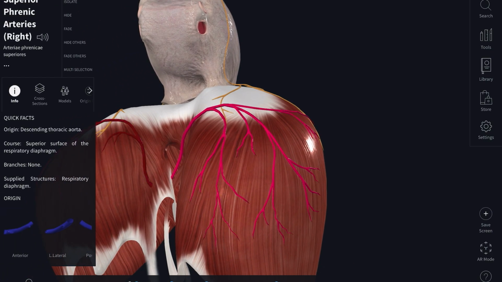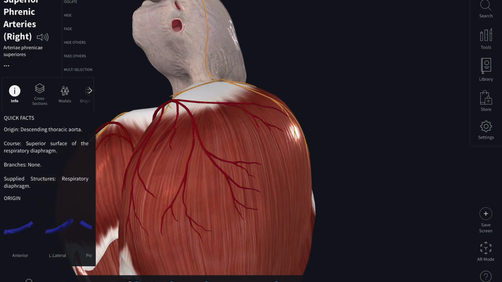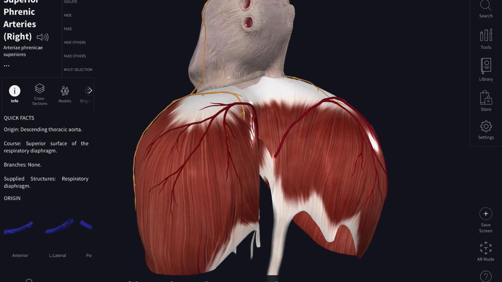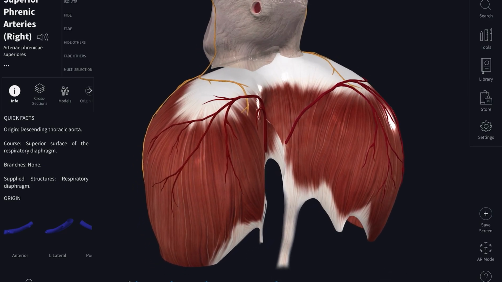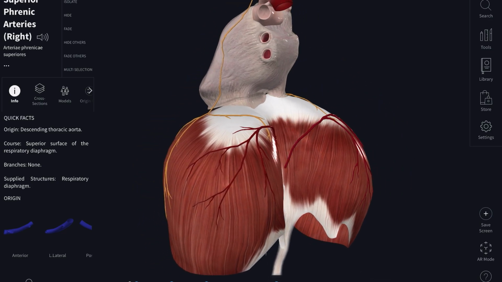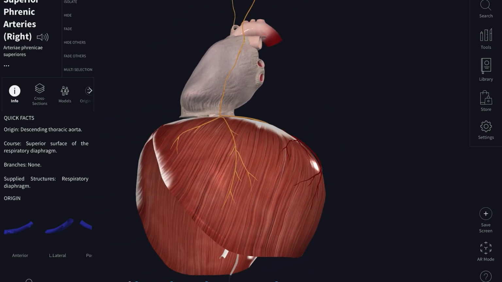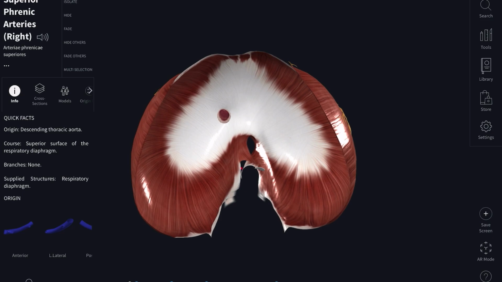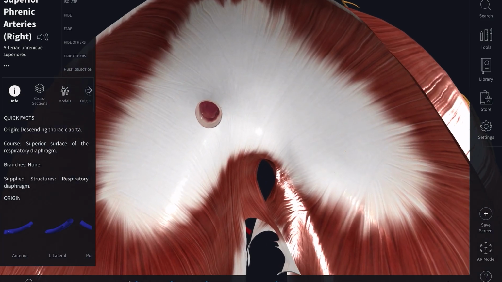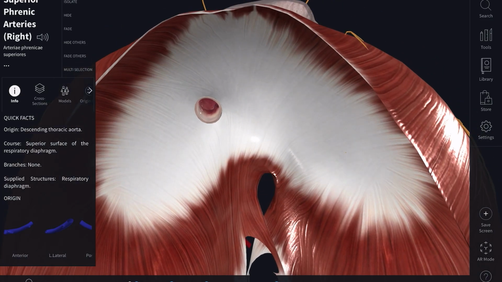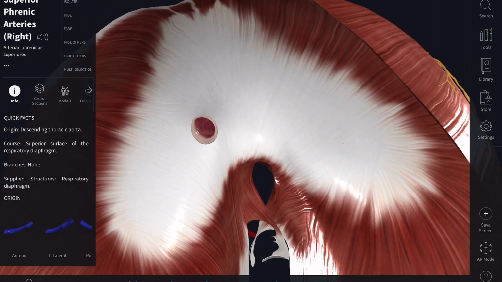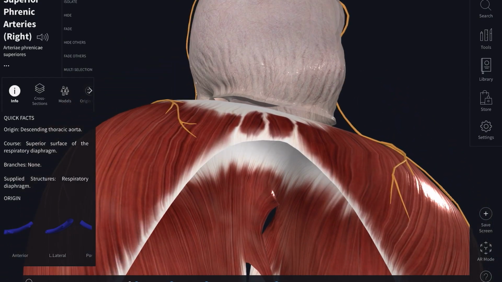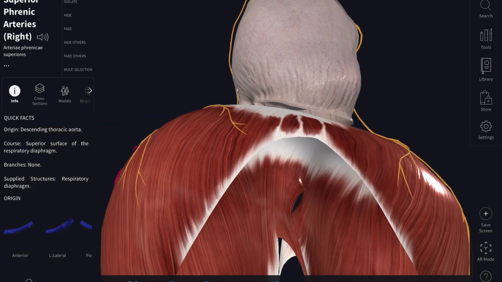These arteries supply blood to the diaphragm, and we have superior phrenics, but we also have inferior phrenics that you'll find underneath the diaphragm through here. I imagine here shortly I'll be creating another video going through the diaphragm and all of these different openings in it.